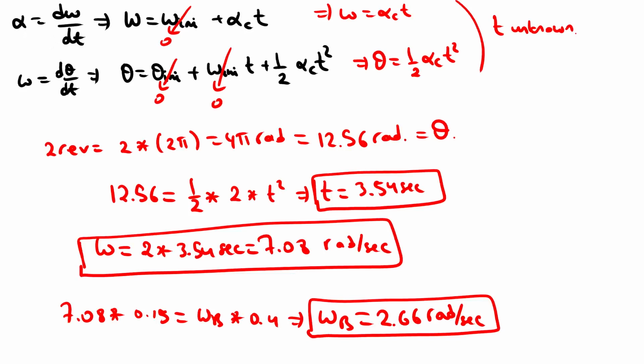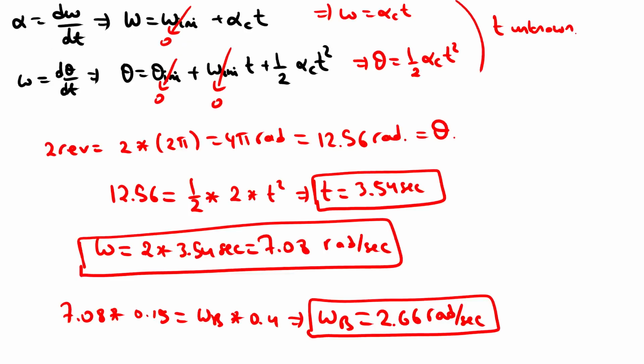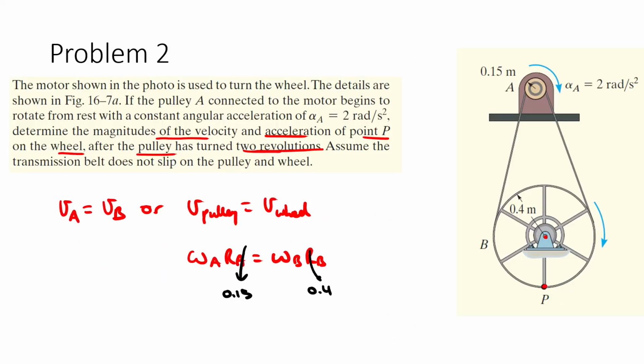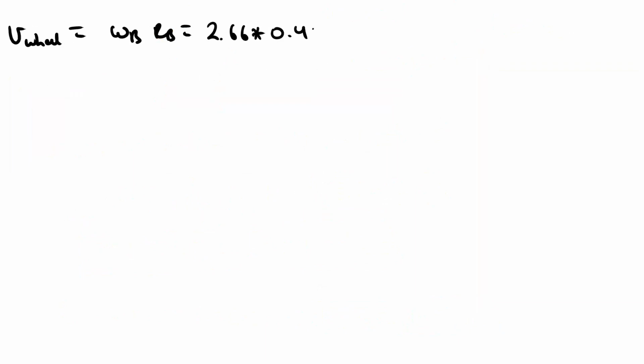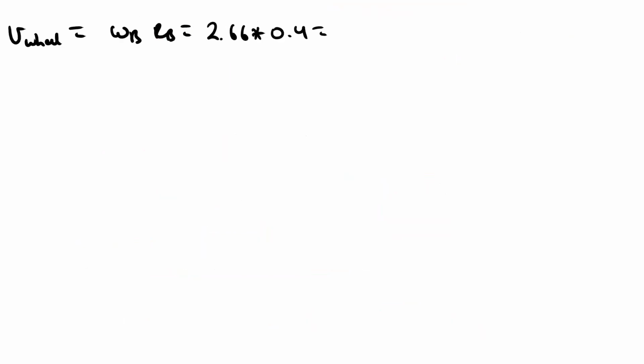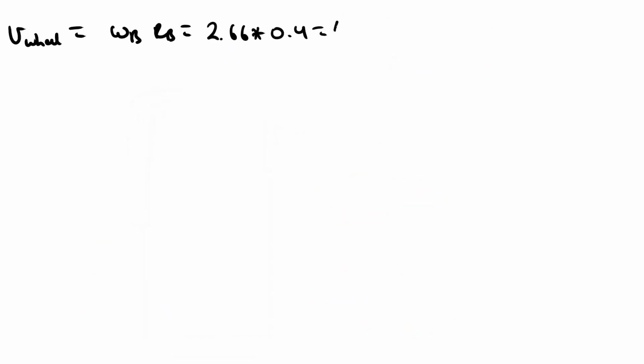So the velocity of the wheel will be omega B times the radius B, that is 2.66 times 0.4, which is 1.06 meters per second.